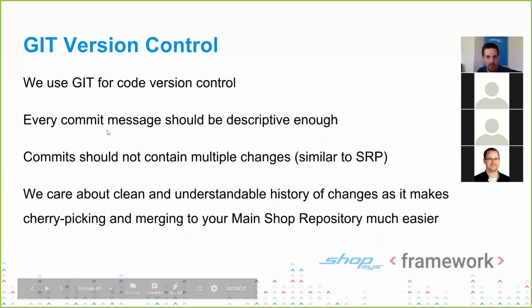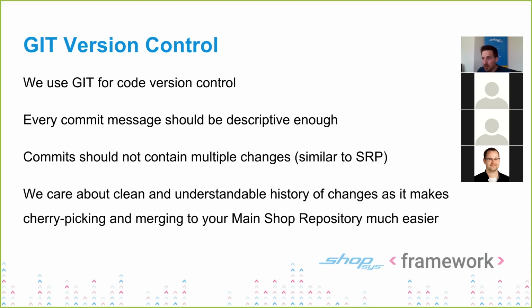And also the commits should be small, not big commit bombs that contain changes in hundreds of files, because what we try to achieve with commits is something similar to the single responsibility principle. Each commit should do just one simple change, so it is easy to understand what happened in this commit and why.